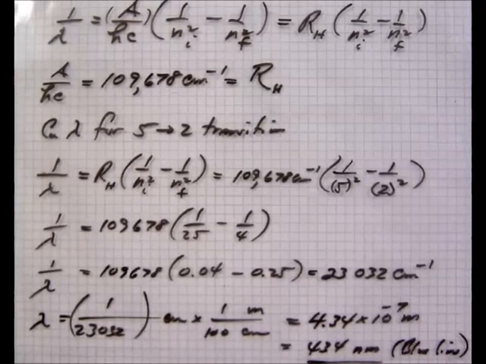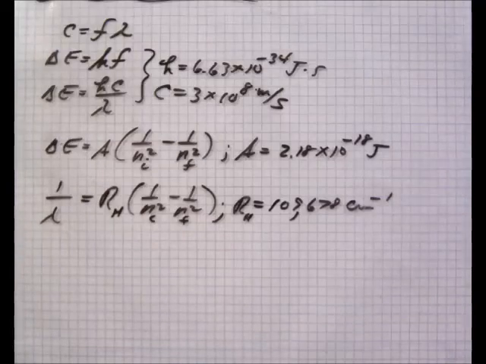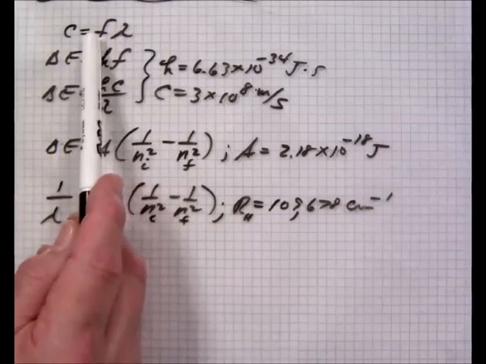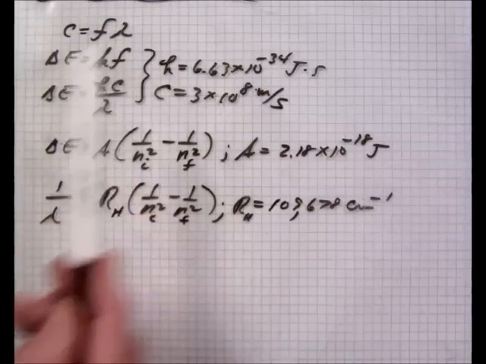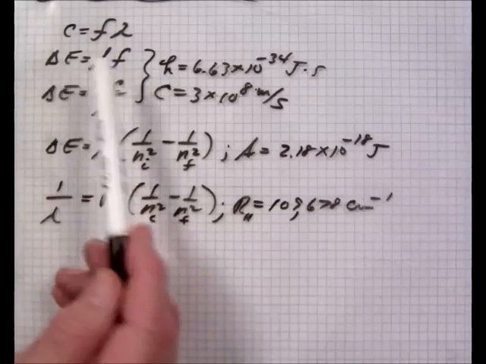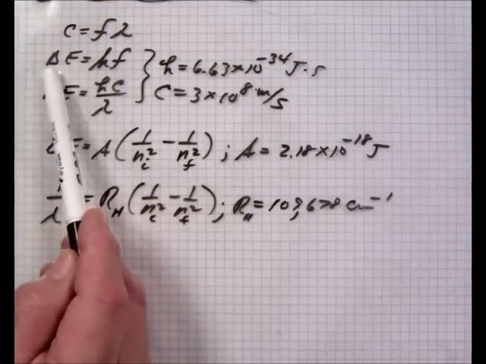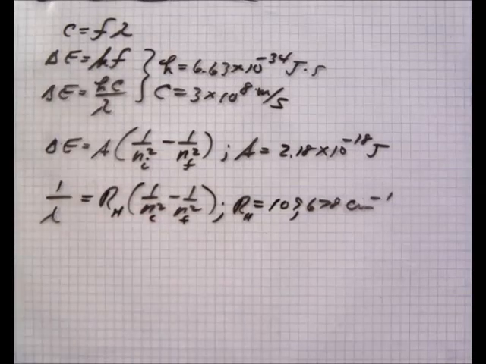Very classic type calculation. Now I'm going to summarize all of this for you. Here's all of them in a nice little package. You'll have problems which deal with calculating the frequency given the wavelength, or the wavelength given the frequency. Then calculate energy given frequency, or frequency given energy, so back and forth there.